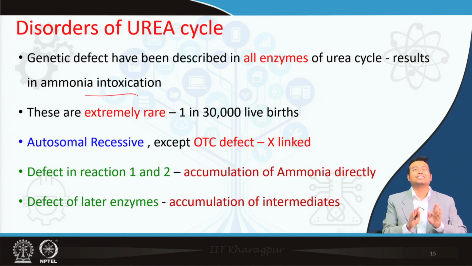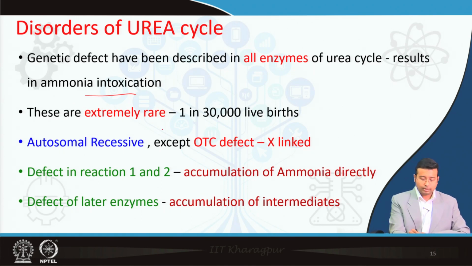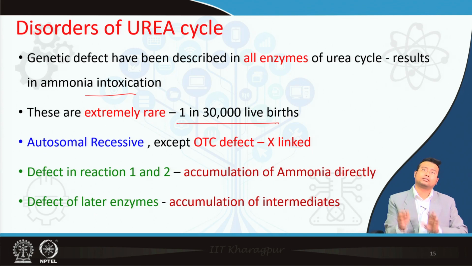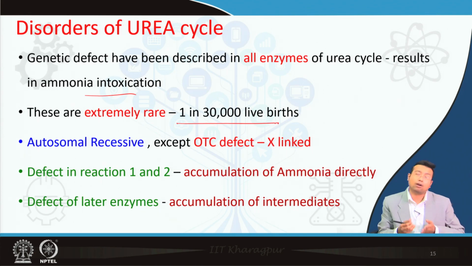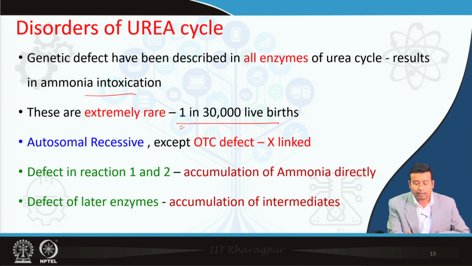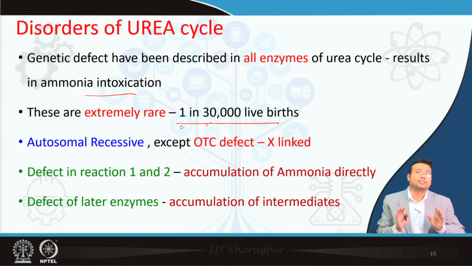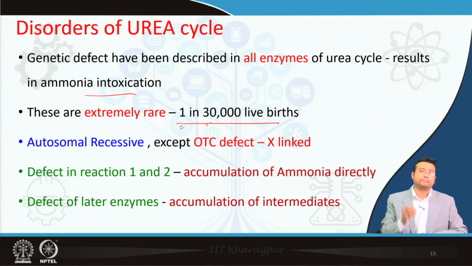Although the diseases of the urea cycle are rare, at 1 in 30,000 live births, cases are still often found, because in countries like India where the population is in billions, that number does not remain 1 in 30,000, especially in a tertiary care center, especially the newborn clinic, right.